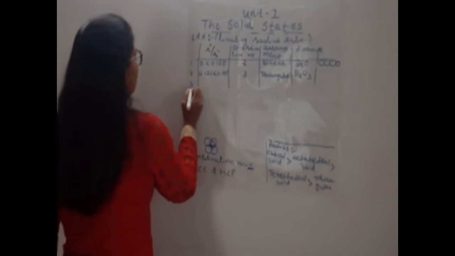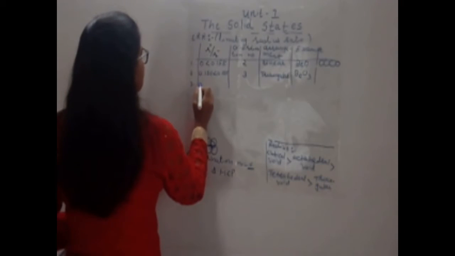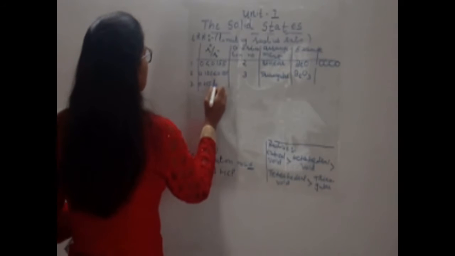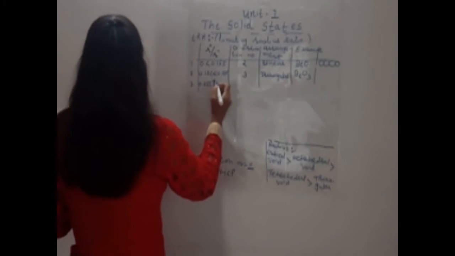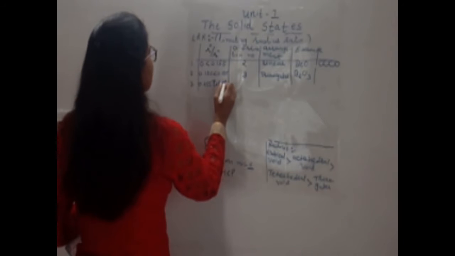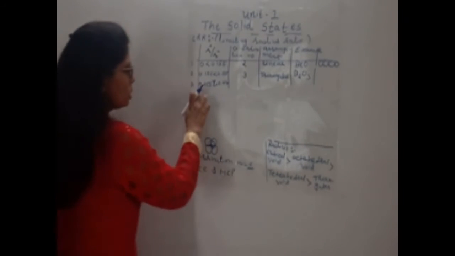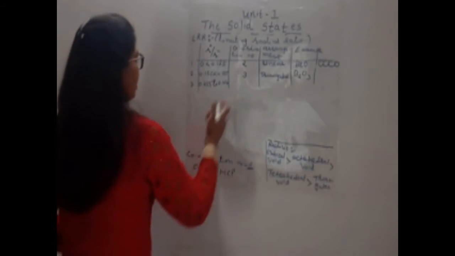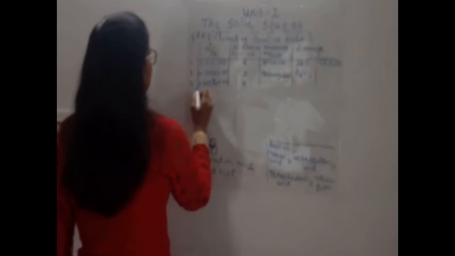But now the point 3 that I am writing, serial number 3, 0.255 is the lower limit to 0.414. This is the lower limit and this is the higher limit. For that the coordination number is 4.